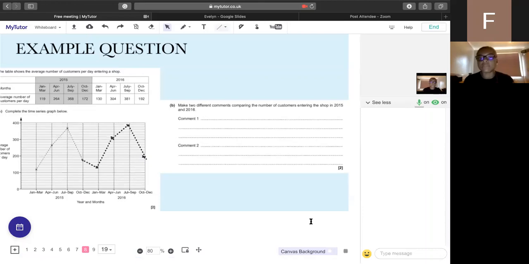and these months. So for example, you could say, in general, between 2016 and 2015, there's a large increase between months January to March and April to June. So these parts here, there's usually a big increase in number of customers shopping.